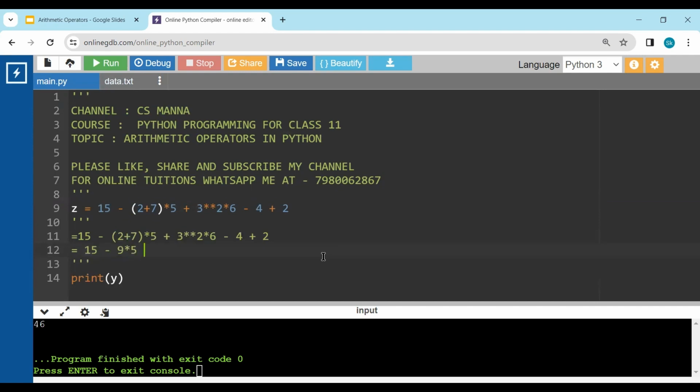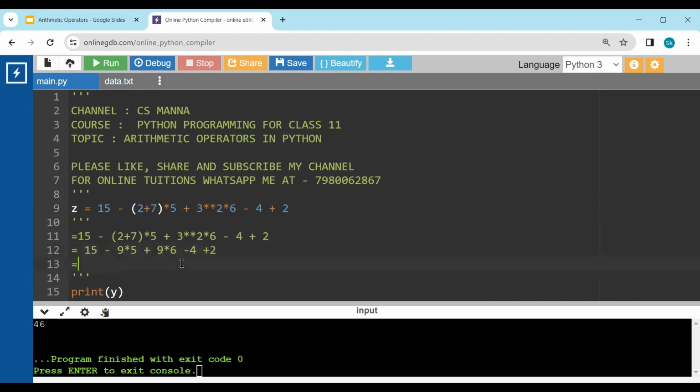So 9 into 5 plus, now if we wish we can do this part, which is 3 to the power 2. So remember, this is not twice. Okay. 3 to the power 2 is 9 multiplied by 6. Okay. Minus 4 plus 2.